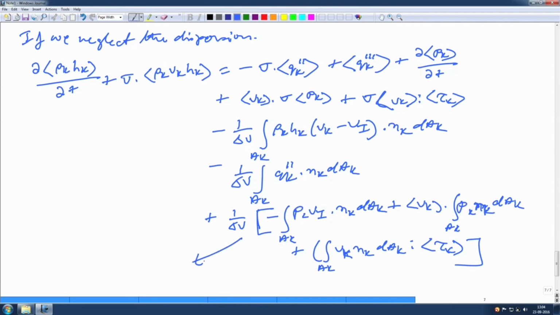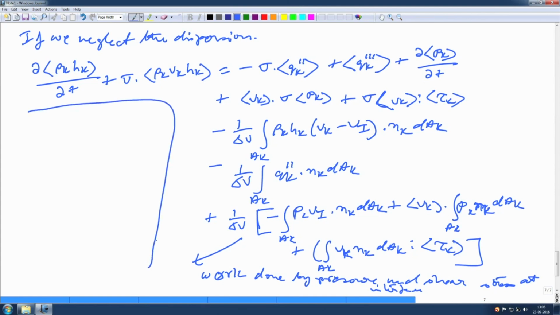So, this is basically the work done by pressure and shear stress at the interface. So, this basically completes this part of the energy equation. So, you know the individual terms.